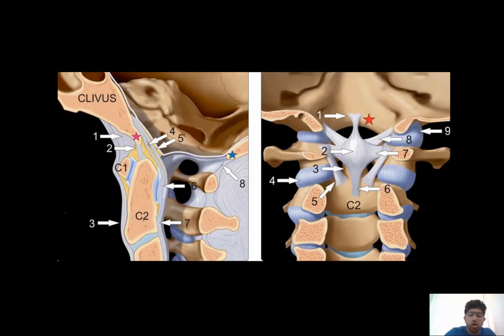That is called the tectorial membrane, which is again keeping the medial atlantoaxial joint in position. So these are the ligaments which are keeping the joints in position, and these are the bones, and this is the overall structure of the craniovertebral junction. There is no intervertebral disc between the C1 and C2 vertebral bodies.